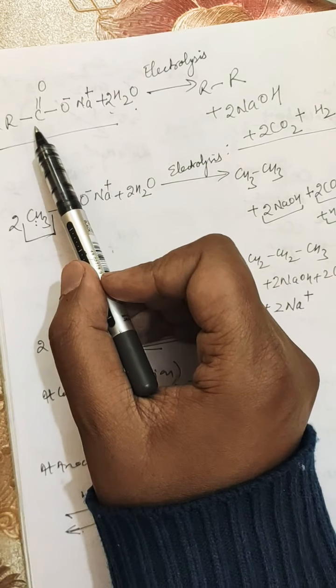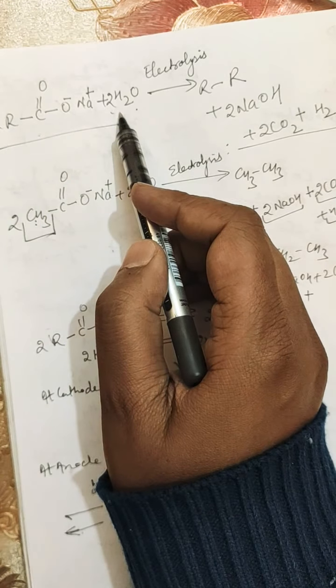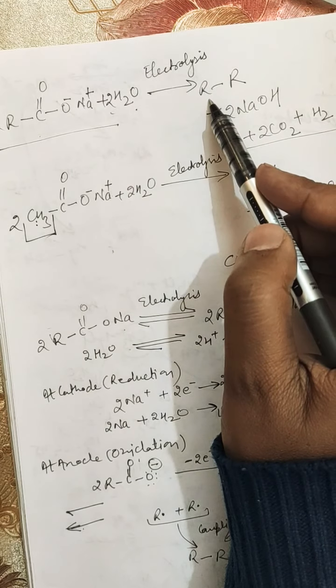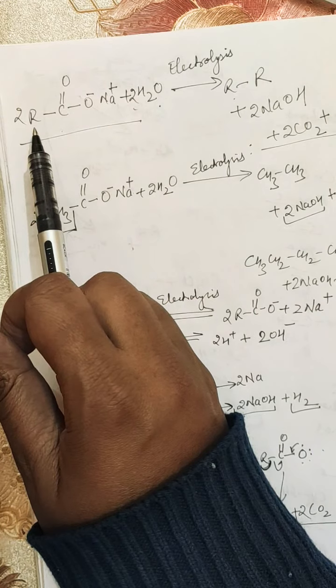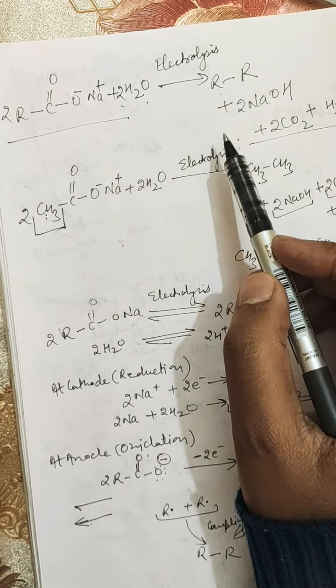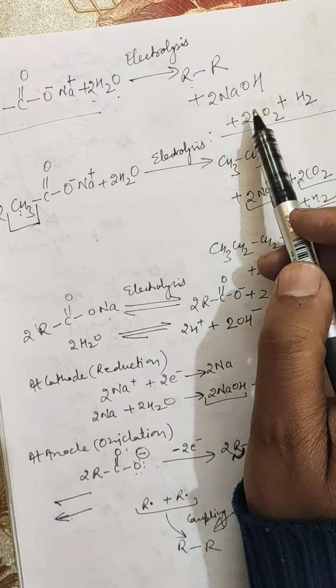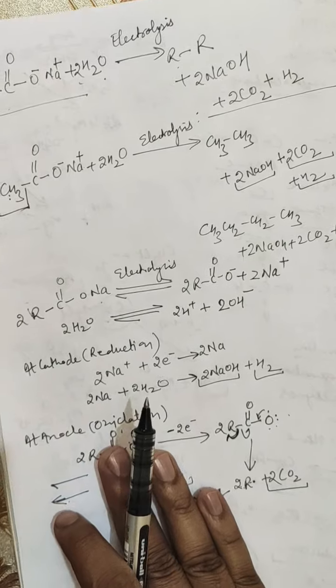When this aqueous solution is electrolyzed, it results in the formation of the alkane. Two molecules of this salt result in the formation of this higher alkane, and two molecules of sodium hydroxide, two molecules of carbon dioxide, and one molecule of hydrogen are also formed.